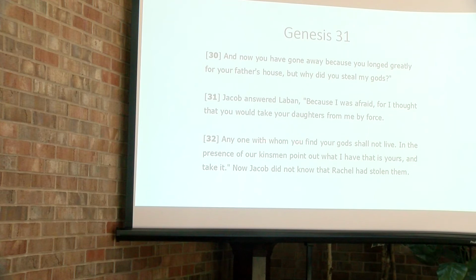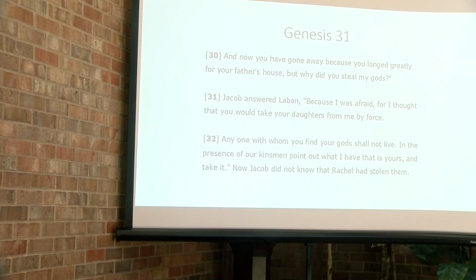Anyone with whom you find gods shall not live." Jacob doesn't know about the fact that Rachel had stolen those gods, and he says, "It's perfectly fine. Go through the whole camp and find them. You find the person that stole the gods, that person will not live. In the presence of our kinsmen, point out that what I have is yours, and take it."